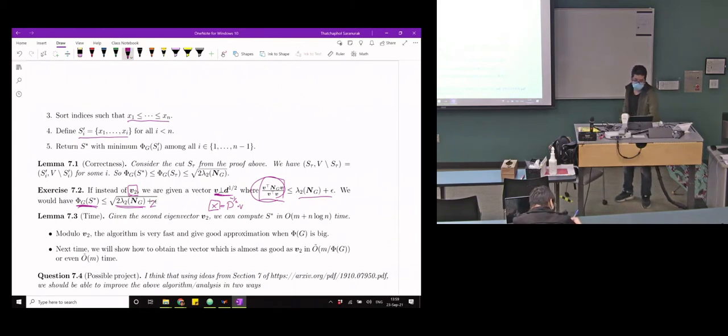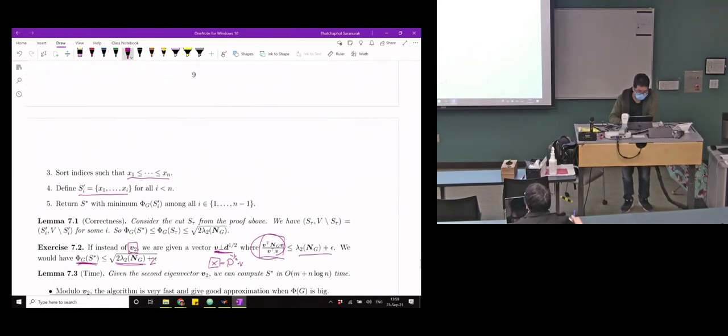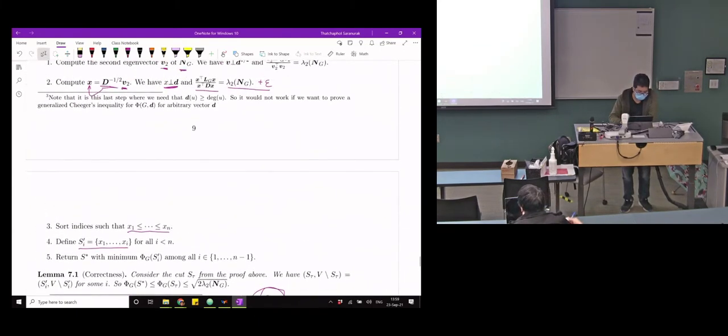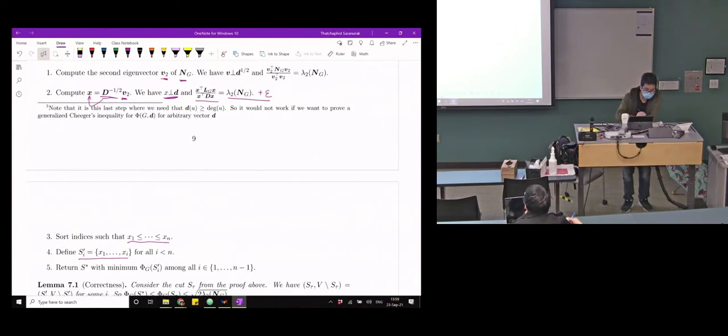All right, and you can see that all of the algorithmic steps here are super easy once you have some vector that you want. You really just sort things and sweep through: you have an order of vertices and you find a sparse cut with respect to this order.